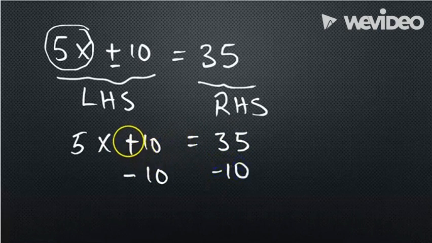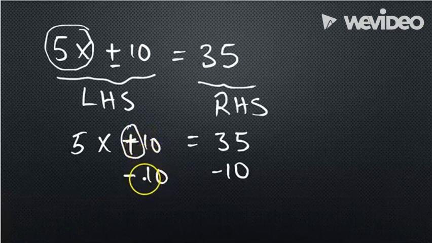Why do we subtract? Because we always look at this sign here. If this is positive, then you subtract the number from both sides of the equation. If it is negative, then you add whatever you have here to both sides of the equation.